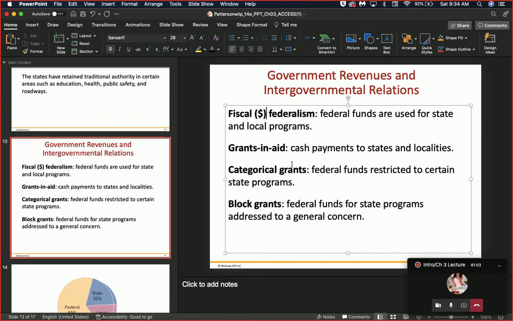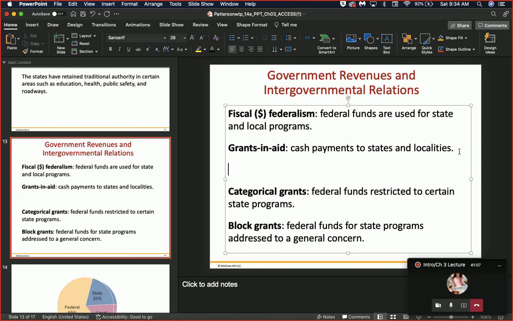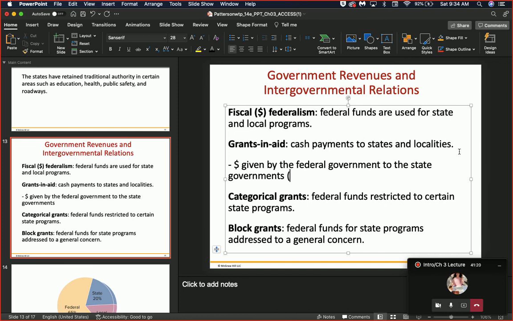So grants and aid, basically this is money given by the federal government to the state governments. Okay, these are not very limited on their use, right?